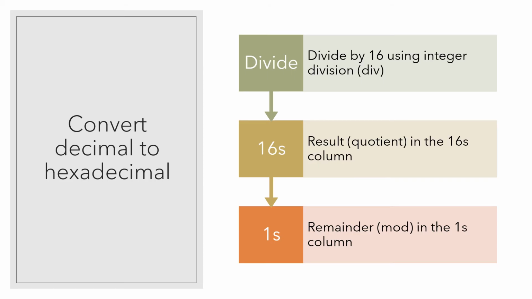And we'll also learn how to convert a decimal number to hexadecimal. An easy way to do it is using div and mod. So divide the number by 16 using integer division. The integer result, which we could also call the quotient, goes in the 16s column, and the remainder, the mod, goes in the ones column. Let's look at a couple of examples.